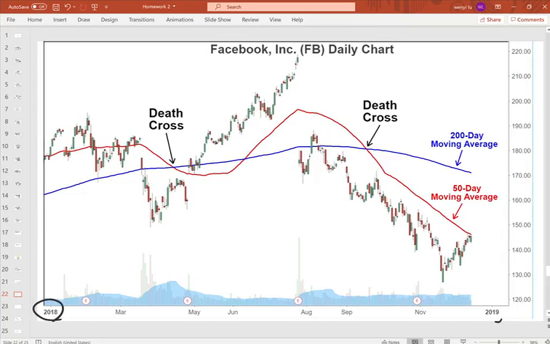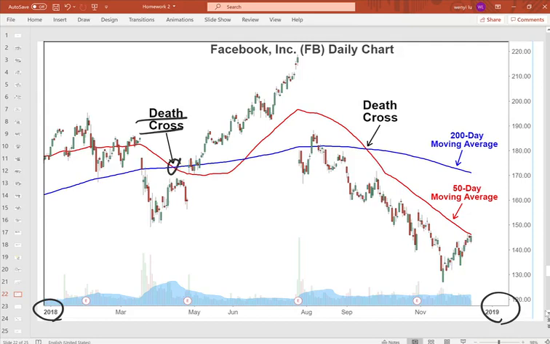You can see this graph actually shows both crosses. At the end of April, the long-term moving average, the blue curve, is above the short-term moving average. So this one is a death cross.